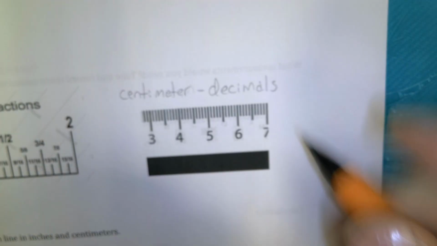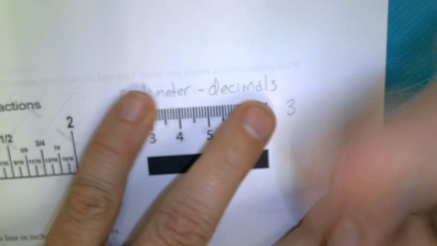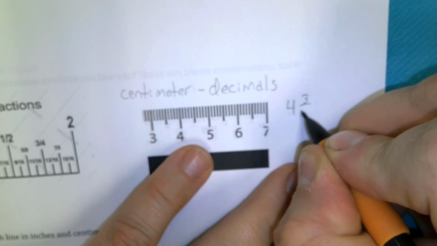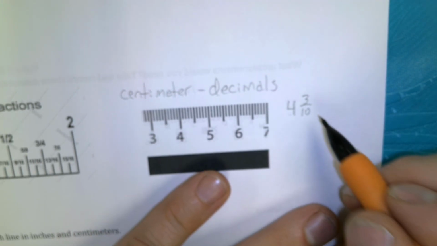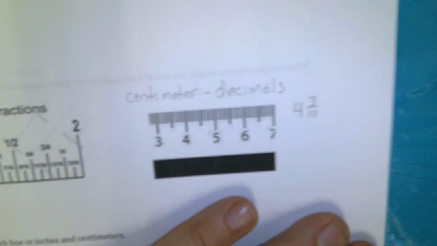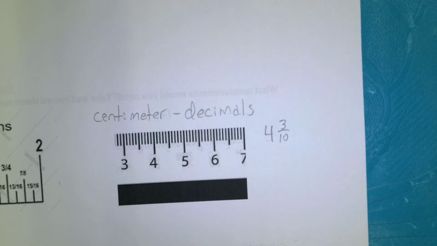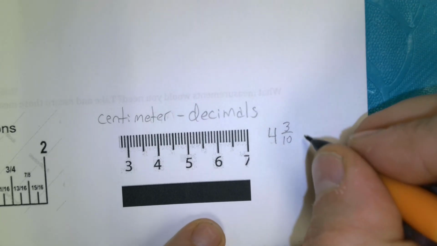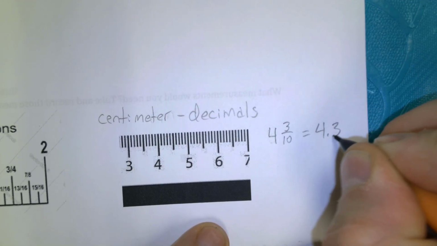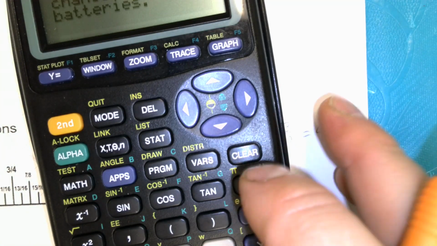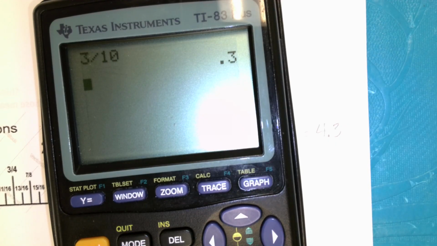So when I talk about 4 and 3 out of 10, well, that's a fraction. But this fraction easily converts to a decimal. Sorry, my camera here is auto-focusing on its own. This is the same thing as 4.3. If I did 3/10 on a calculator, it's just 0.3.